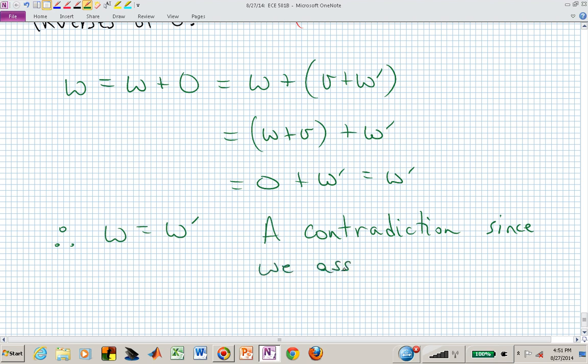since we assumed W and W prime were different.